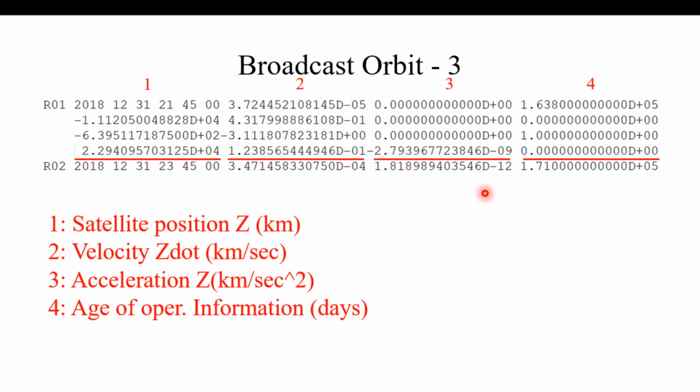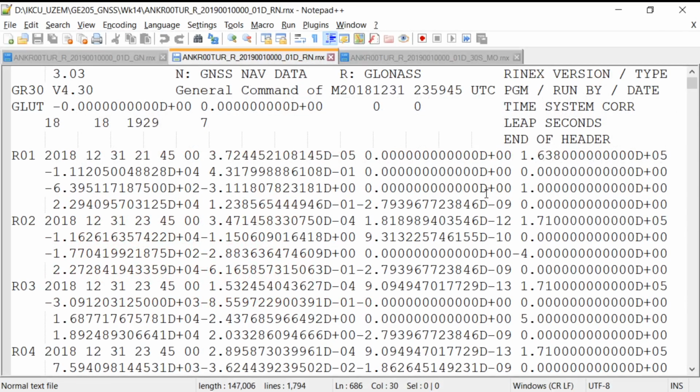This orbital information for the GLONASS system will be given every half an hour, again different from the GPS system. The orbital information of the satellites will be updated every half an hour. In the GPS system, the orbital information is valid for 2 hours, but in GLONASS it is different.